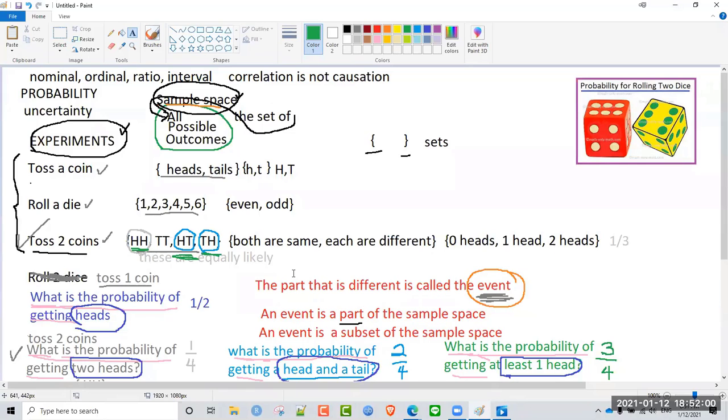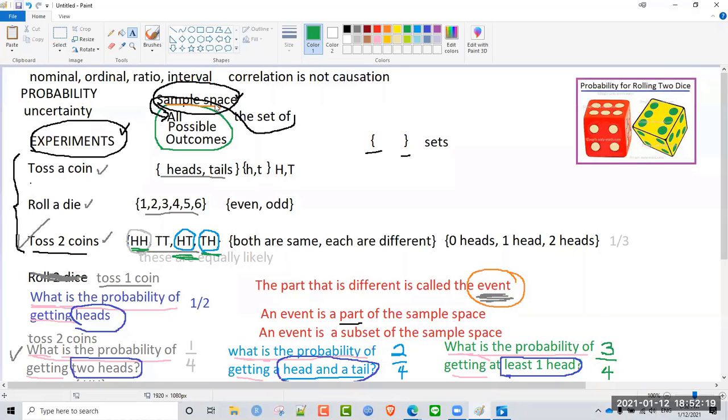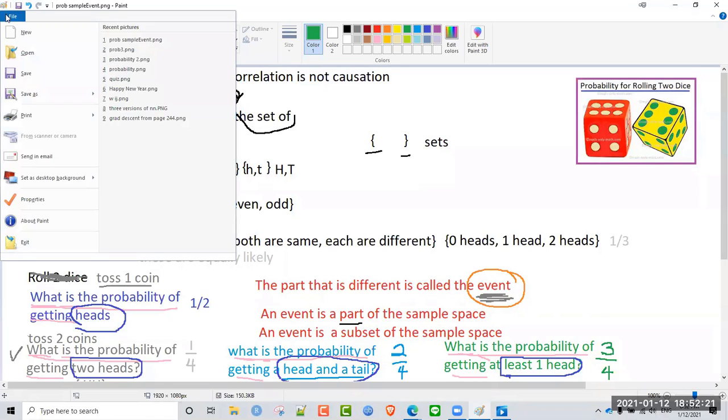So let's see why they are useful. Let me save this so I can use it some other time. Okay, now let's take a new screen.